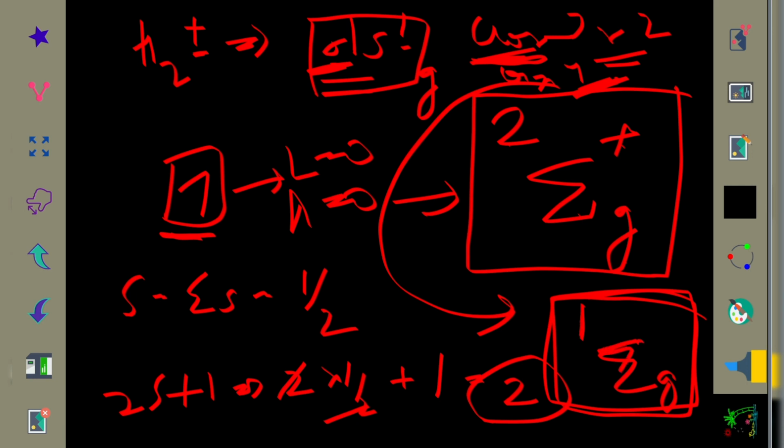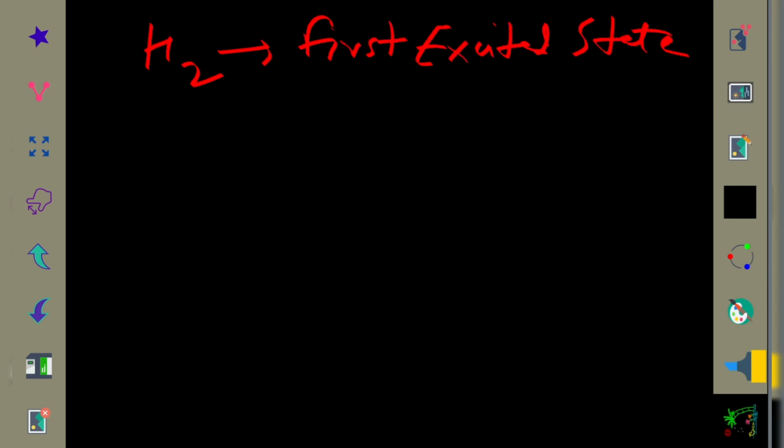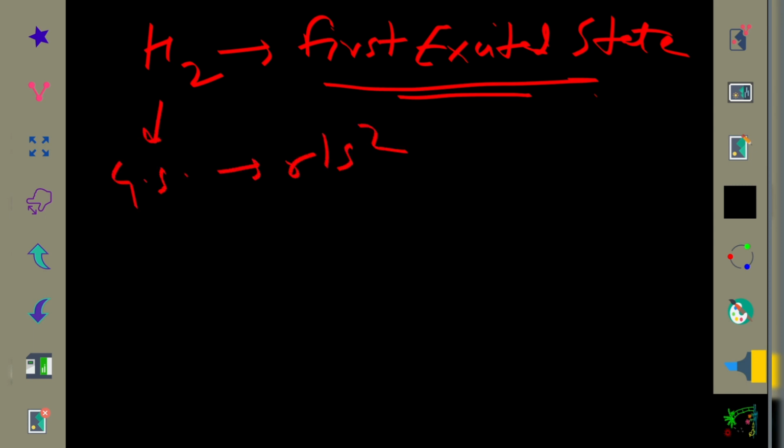Now let's see the molecular term symbol for the H2 molecule in its first excited state. For the ground state we can write sigma 1s2. For the first excited state it will be sigma 1s1 and sigma star 1s1.